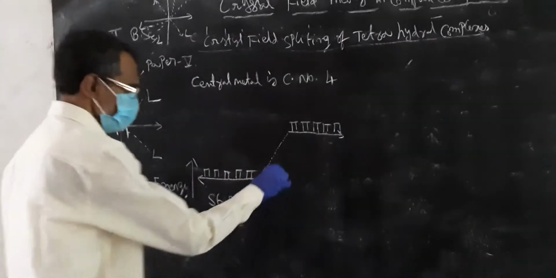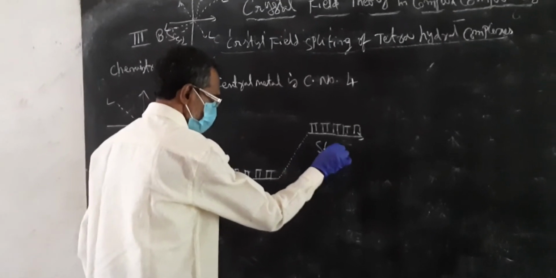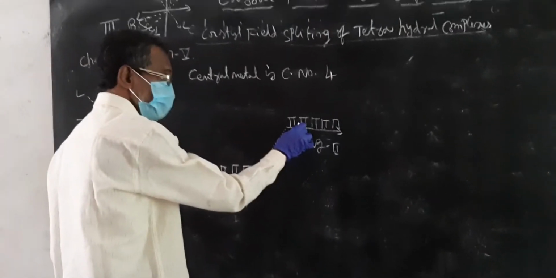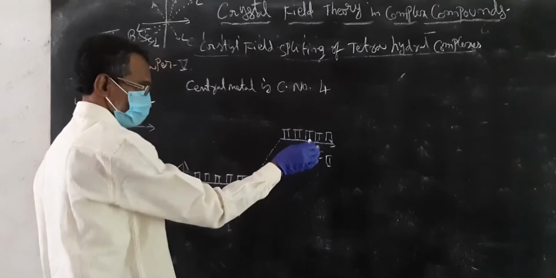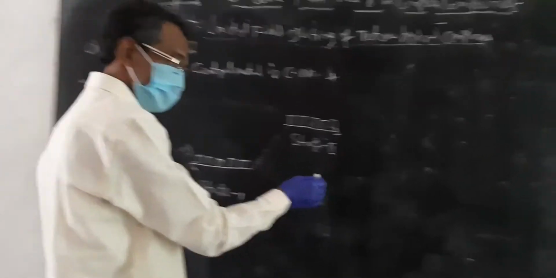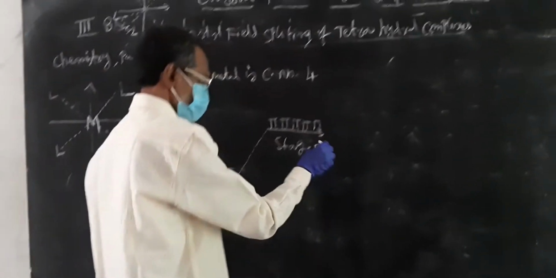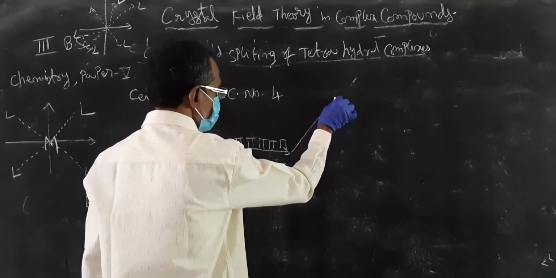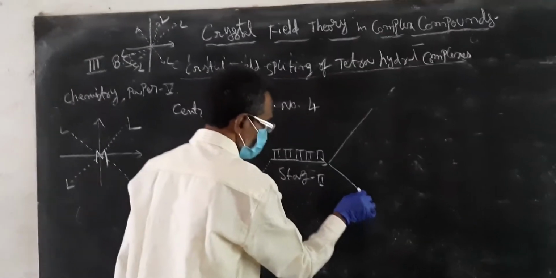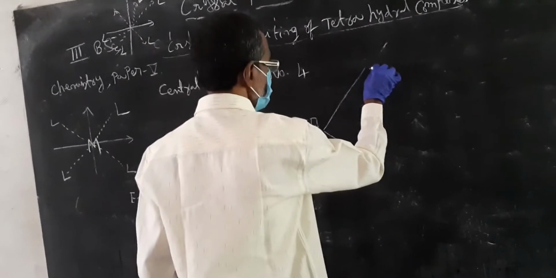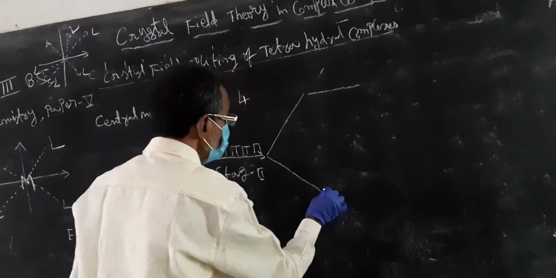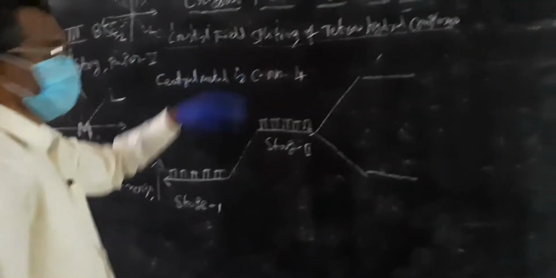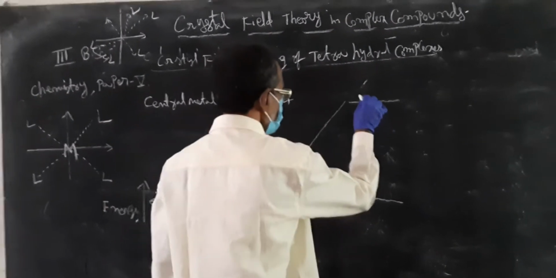These are also degenerate orbitals approaching the crystal field. Then splitting occurs in tetrahedral complexes.